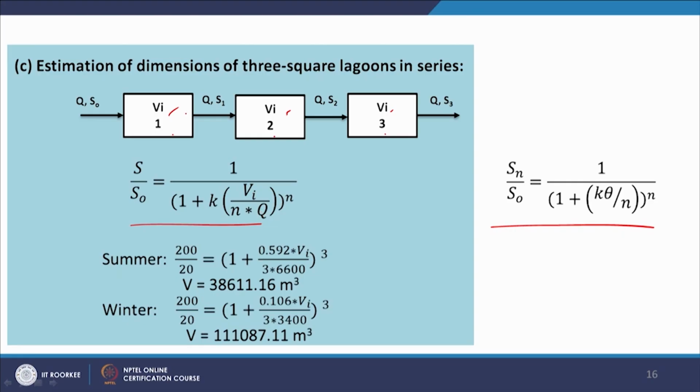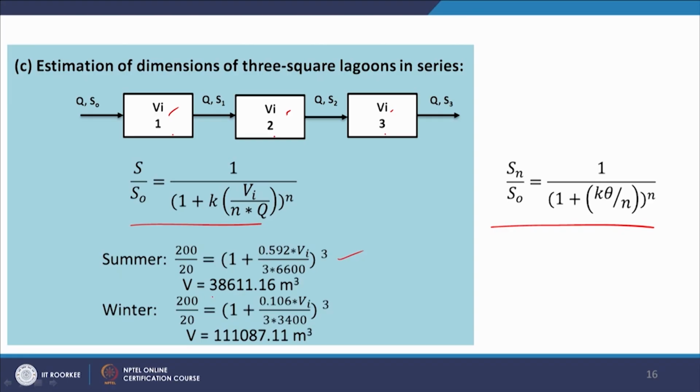So, for summer we have 200 by 20, taking the inverse of it, equal to 1 plus 0.592 into V_I by 3 into 6600, all to the power 3. This is the k value we calculated for 30 degree centigrade.